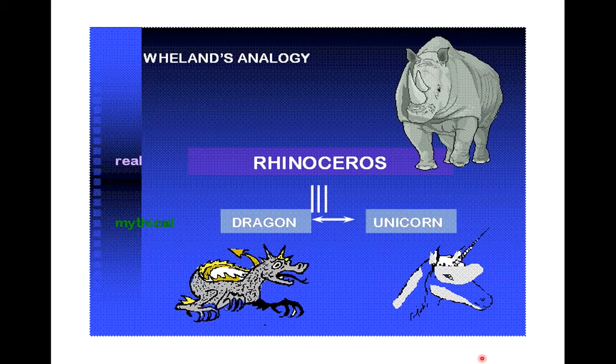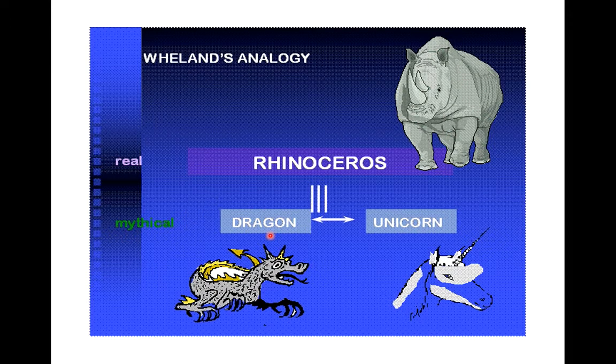And here's what we're trying to do. This is Whelan's analogy for resonance structures: if we never in our lives had seen a rhinoceros, but from mythology we knew what a dragon was, and we knew what a unicorn was, we might describe the rhinoceros as a blend of a dragon and a unicorn.